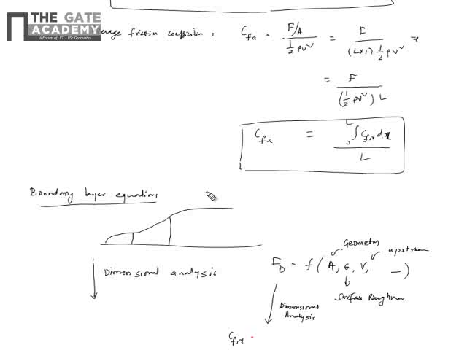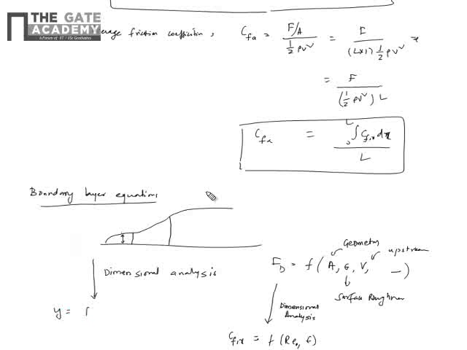I can convert this into non-dimensional numbers. The non-dimensional number that comes is the local friction coefficient, which is a function of Reynolds number as well as the surface roughness factor. And if I want to know this distance y, it is expressed in many other factors.